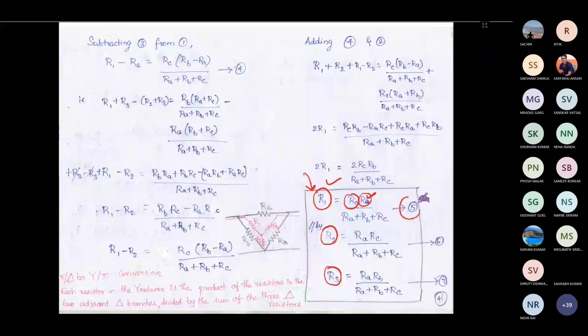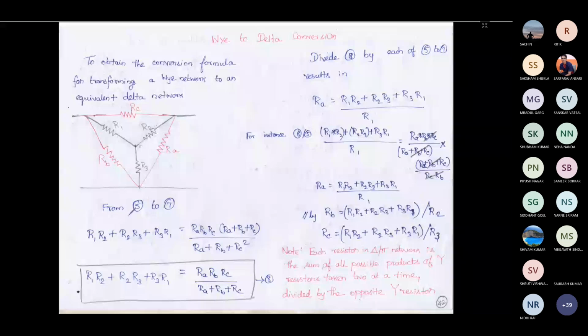So what we are doing here is, from equation number 5 to 7, we are multiplying. This is equation number 5 into 6. This is equation number 6 into 7. This is equation number 5 into 7. So this is on the left hand side. Okay, on the right hand side also we do the same thing.